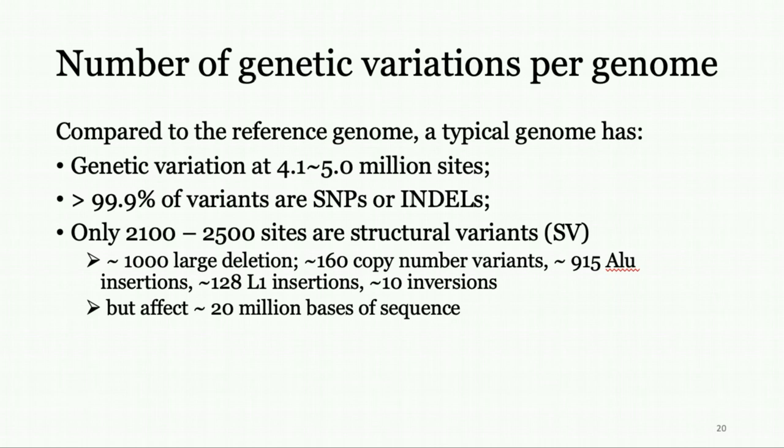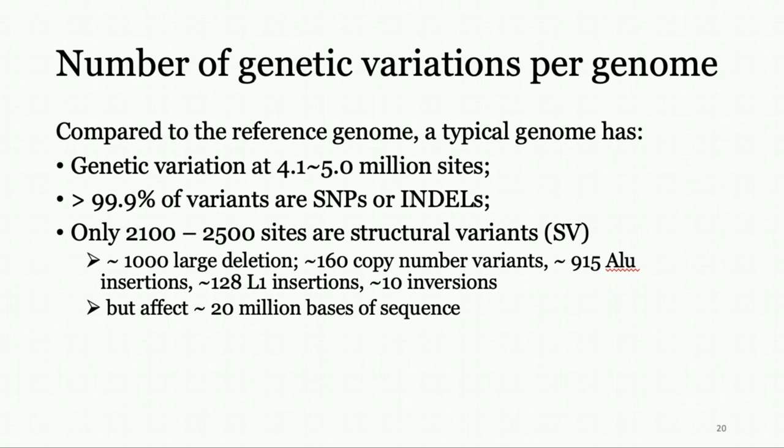For those genetic differences we find in the new genome, 99% are very small differences. It's either a difference at 1 nucleotide or a few base pair segments. Only a small number of those variants are structural variants, and you can look at different kinds of structural variants: deletions, insertions, inversions, and copy number variations.